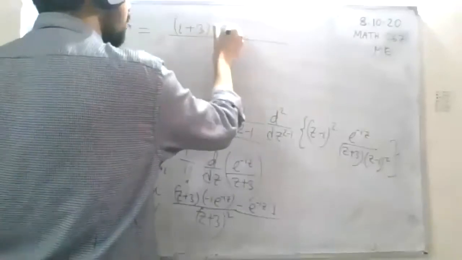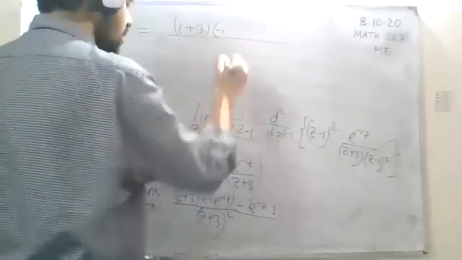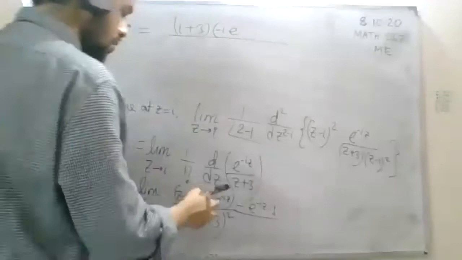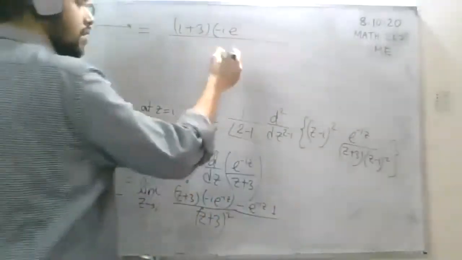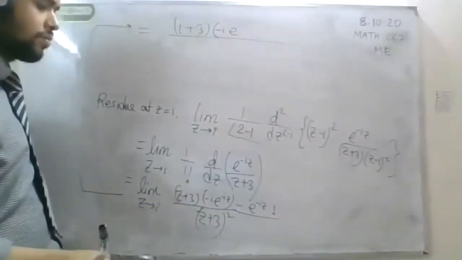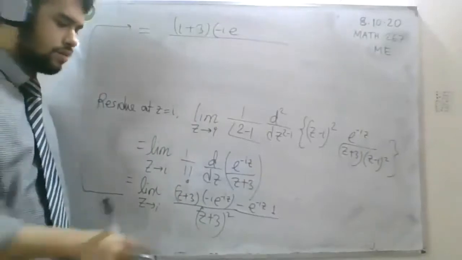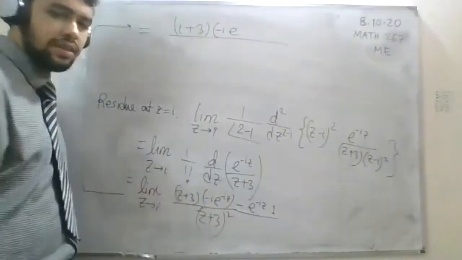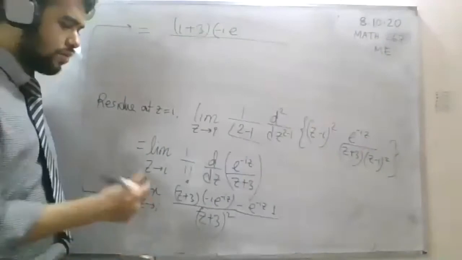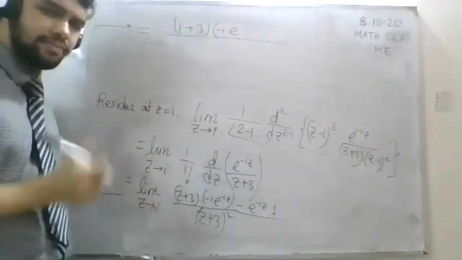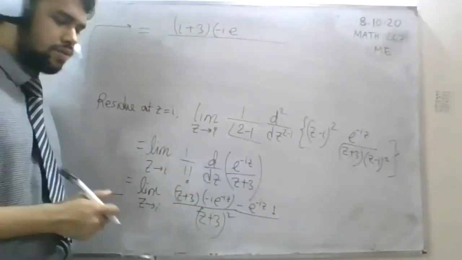Here e to the power minus iz. So if I put z equals i here, then what will be our result?